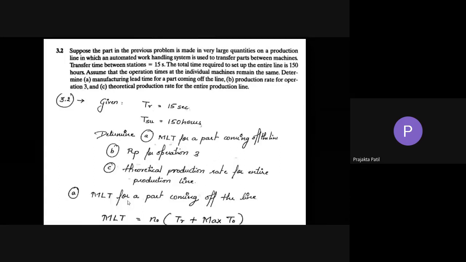We know what is N0, we know what is TR, and do we know what is max of T0? From the table that I just showed, yes, ma'am. What is it? 10 minutes, ma'am. TR we know it is 15 seconds. So you can either convert everything to minutes or you can convert everything to hours and get the answer for manufacturing lead time.